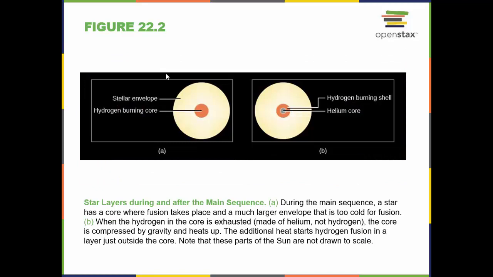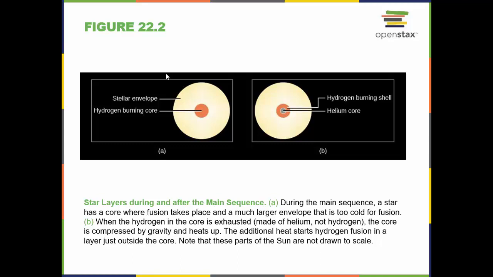So the stars, as they start to form, we see these star layers during and after the main sequence. At first these stars start to compress, and if there's enough heat, we'll see hydrogen beginning to fuse.